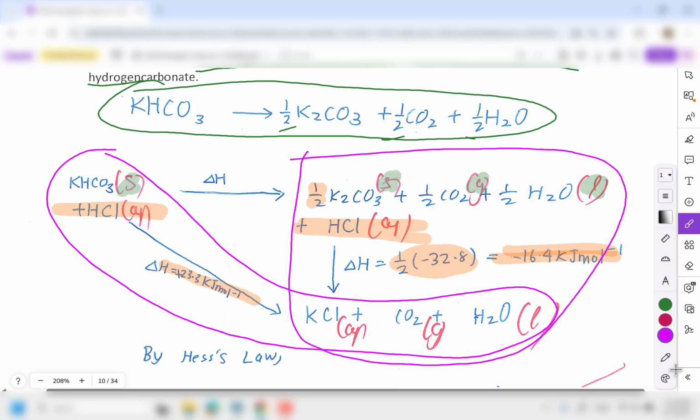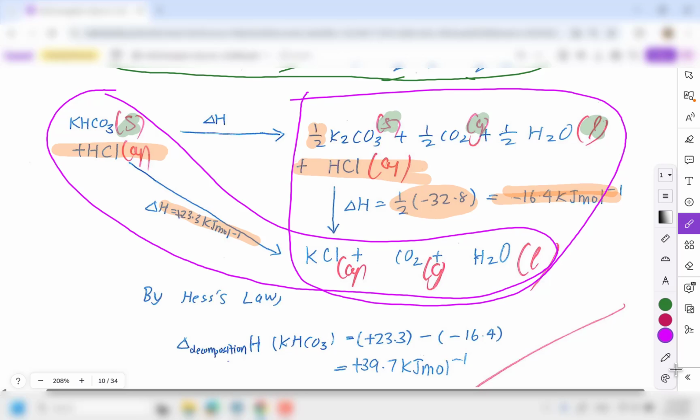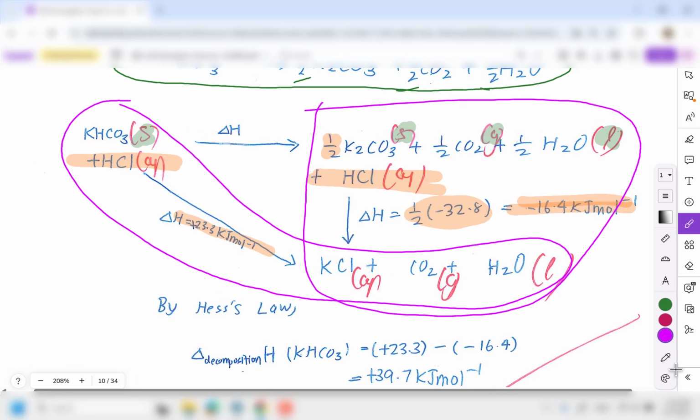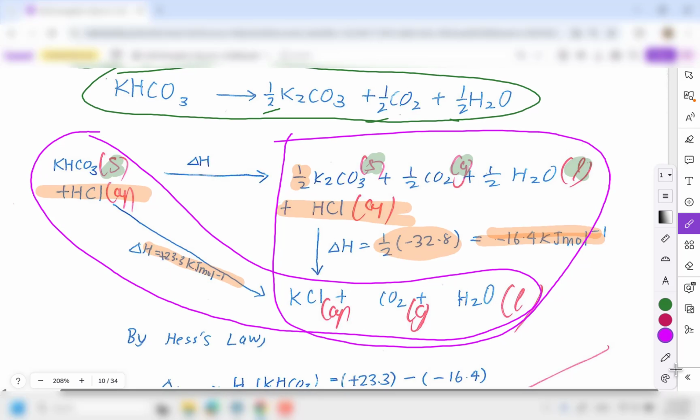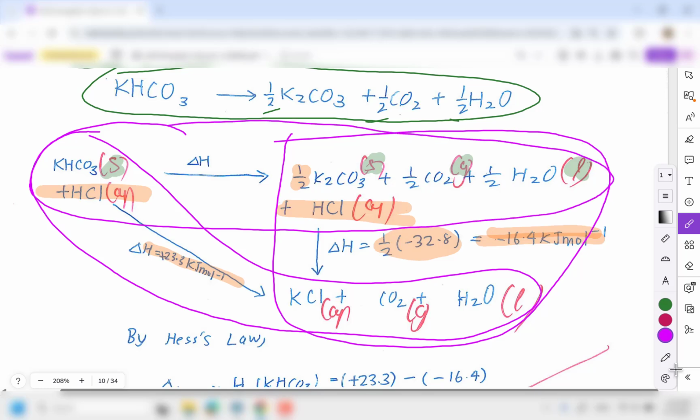Yep, so he has successfully done that. Most importantly, when you draw the Hess cycle, you must ensure that all your equations are balanced. For a triangular cycle like this, you need to ensure that the 3 reactions or equations are balanced. So you need to be very intentional about checking them.